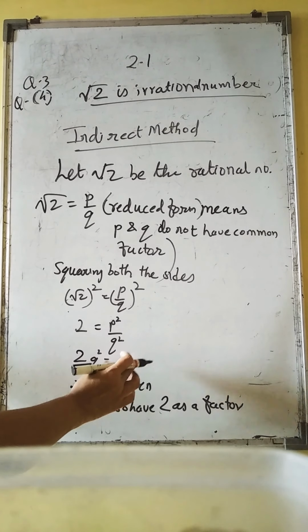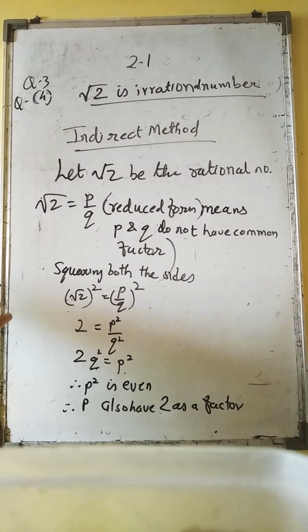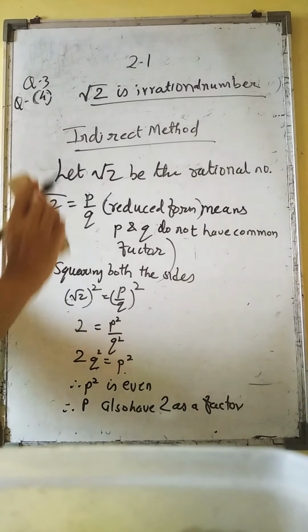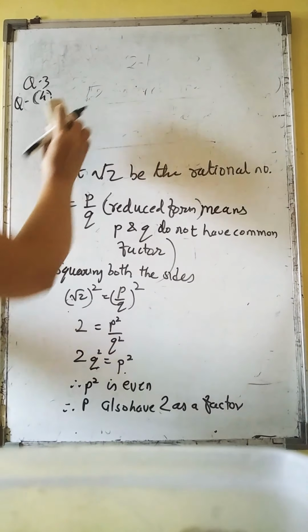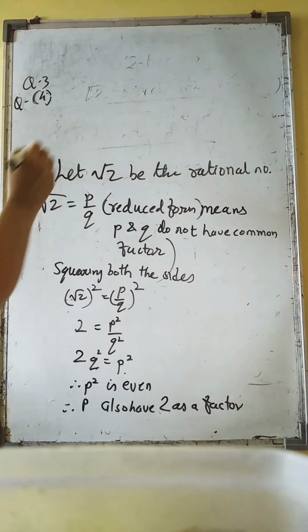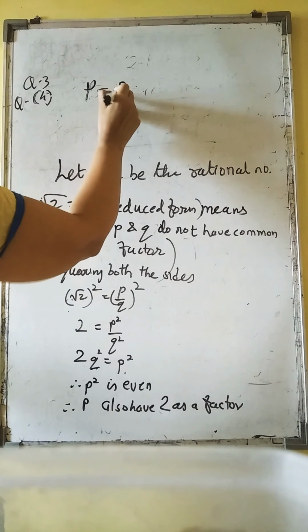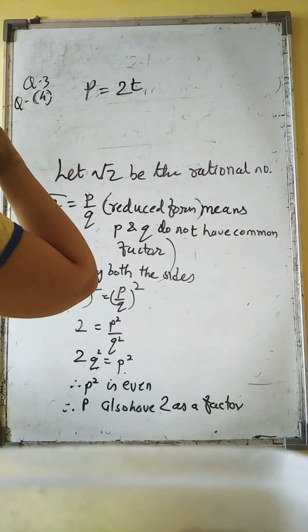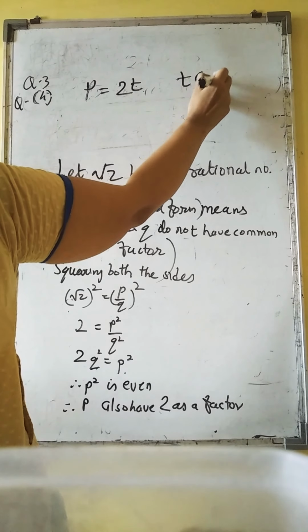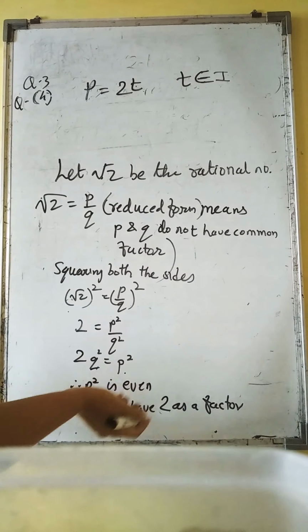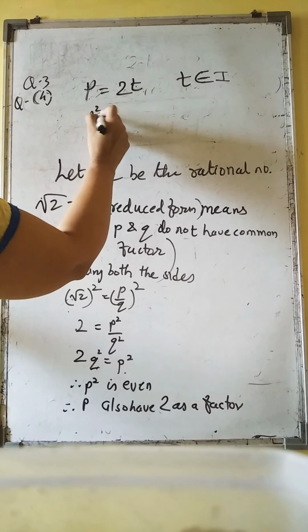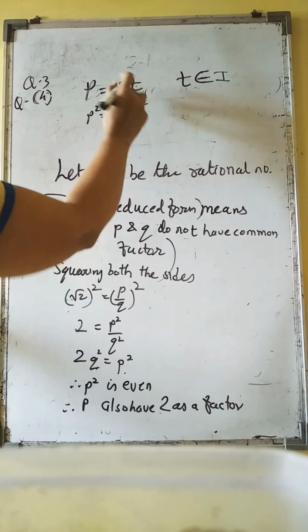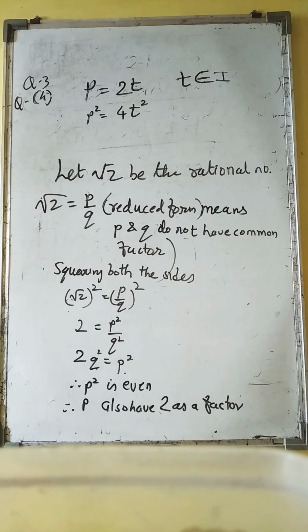So I can write P as 2T, right? But P is any of the integers. An even number will be a multiple of something, no? Right? So what is P square? 4T square, squaring this also, right?